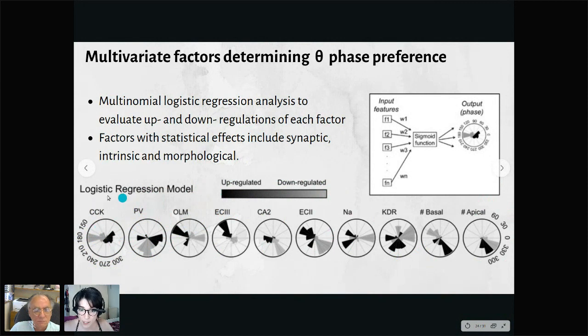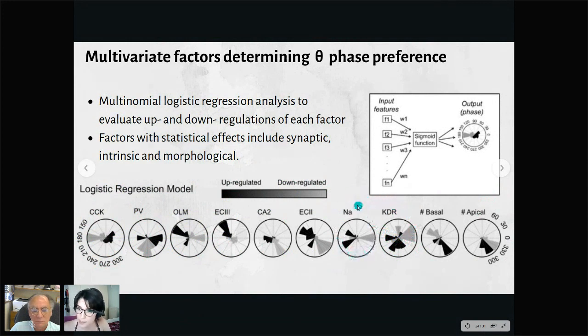We can see that there are more interneurons that contribute to the phase output, like the OLM, also some excitatory inputs, and also, what I like, for example, here, the one potassium channel.